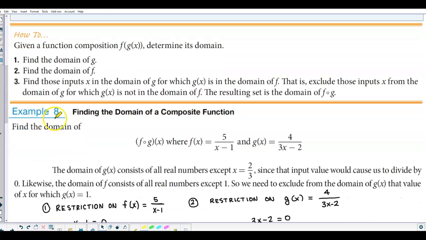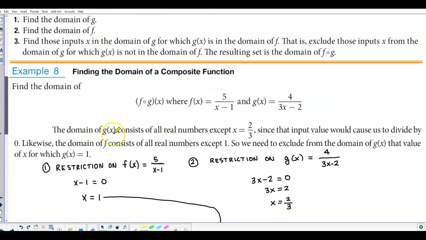So for example 8, we're finding the domain of a composite function. We want to find the domain of f composite g of x, where f(x) is equal to 5 over x minus 1, and g(x) is equal to 4 over 3x minus 2.